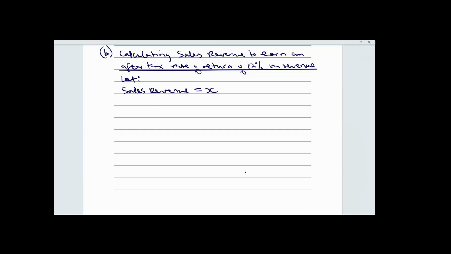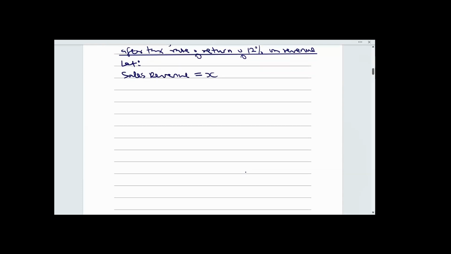I mean, to earn a rate of return of 12% on the revenue that I don't know. So since I don't know the sales revenue, let sales revenue equal X. Let me do it this way so that it will be clearer before we make this assumption.